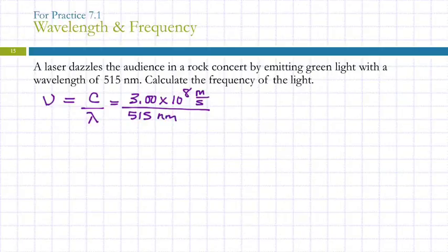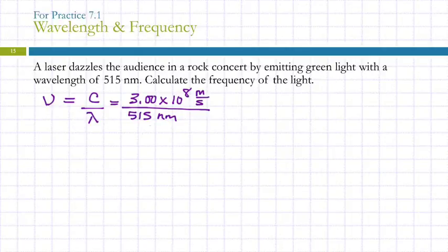Always write the units and look at them. What is a unit for frequency? Hertz, which is per second, or second to the minus 1. So here we have second in the denominator of this fraction, so that's a good sign. But do we want meters and nanometers in there? No, we want those to cancel out. Do meters cancel with nanometers? Not so much. So we could take nanometers separately and convert it.